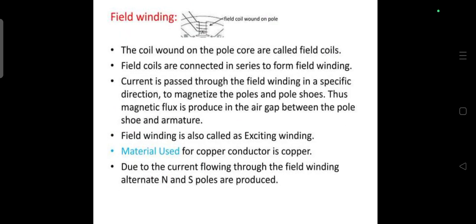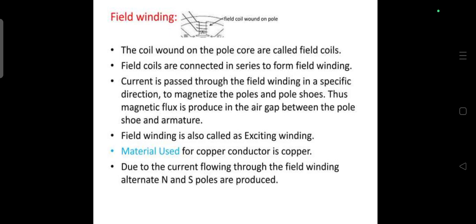The next main part is the field winding. The field winding means the field coil wound around the pole. That coil is called field winding. The coils wound on the pole core are called field coils.